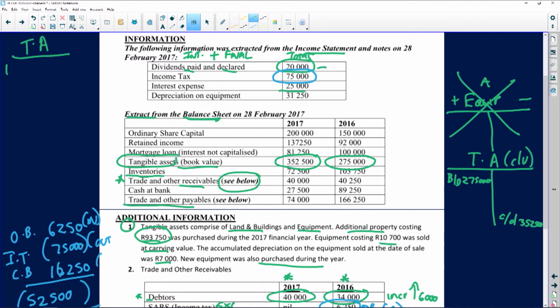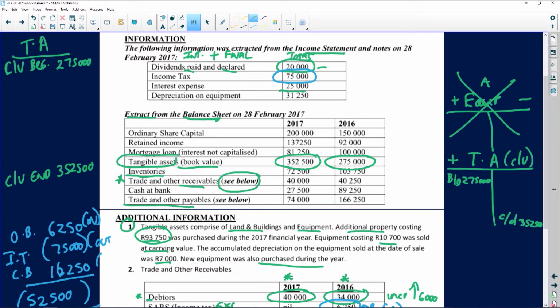So at the beginning of the year, carrying value at the beginning of the year is sitting at 275,000, and at the end of the year, my carrying value at the end of the year is sitting at 352,500. Okay, so you're going to see in essence, we're going to do the same calculation, but obviously slightly differently. Right, tangible asset increases when there is a purchase. So obviously we record additions at cost.